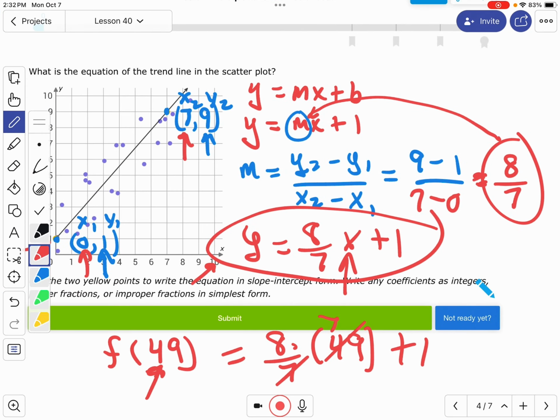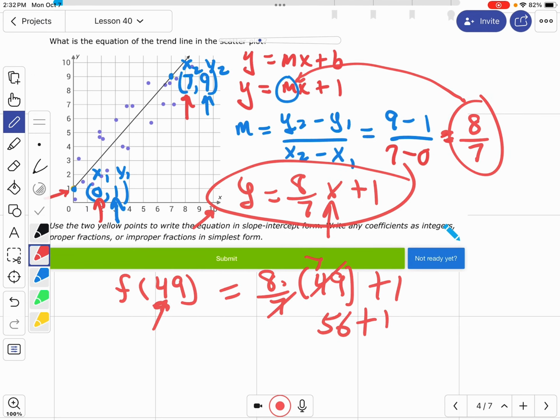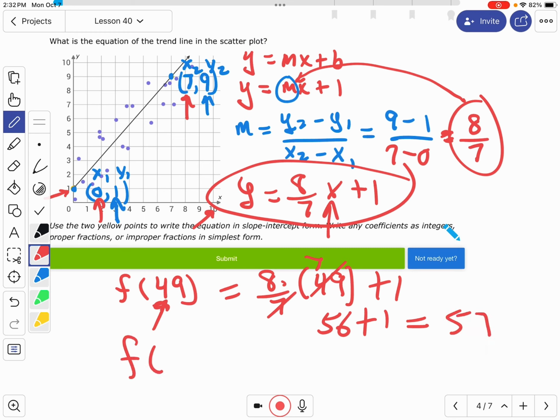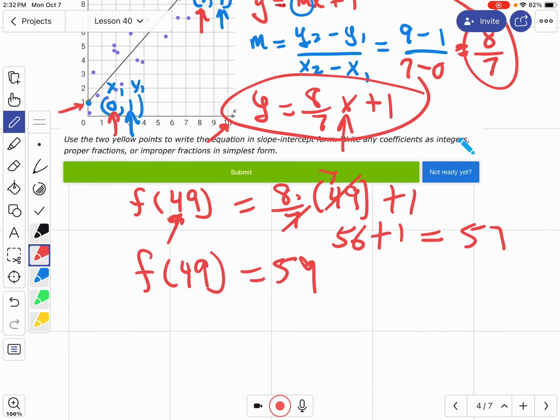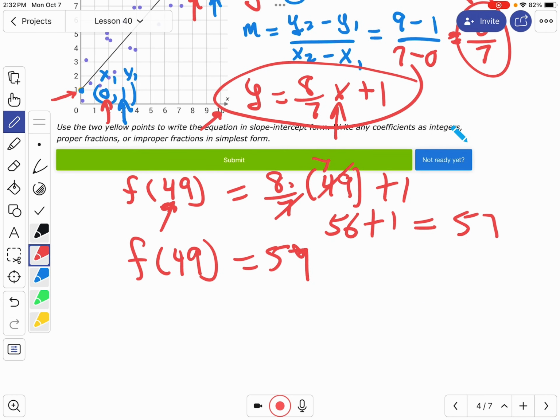Okay, so this is 56 plus 1. So the output of the function is 57. So f of 49 is 57. The point on the graph that we would plot would be 49, 57.